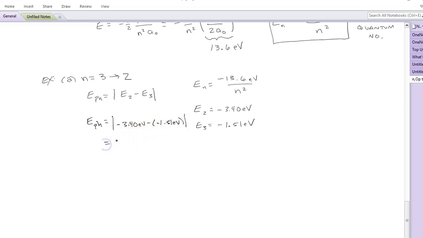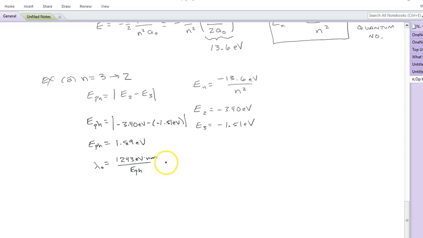So that turns out to be 1.89 eV. And I know this photon is emitted. Now, if I want to know what the wavelength of that photon is, lambda naught is 1243 eV nanometers over the energy of the photon.